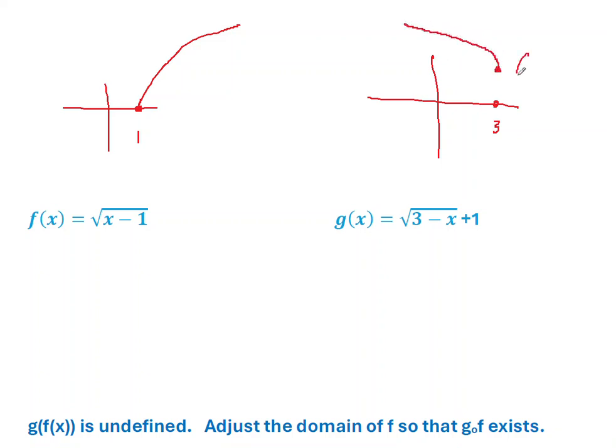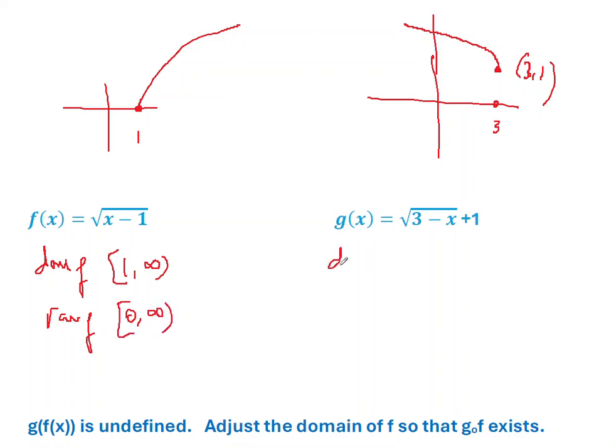It will then look like that, where that is 1, 3, and 1. Okay, so the domain of f is 1 to infinity. The range of f is 0 to infinity. The domain of g is minus infinity to 3. And the range of g is 1 to infinity.